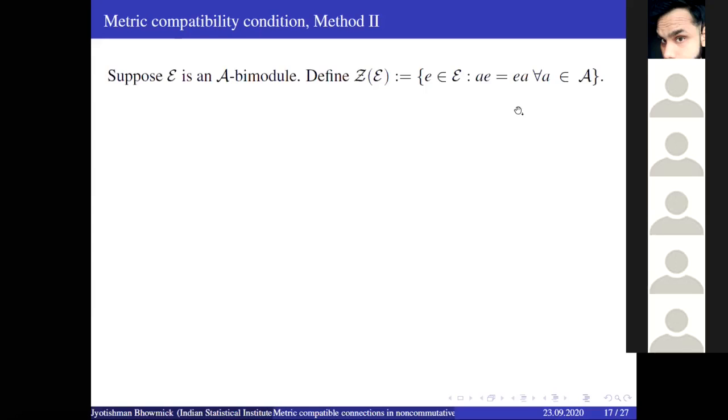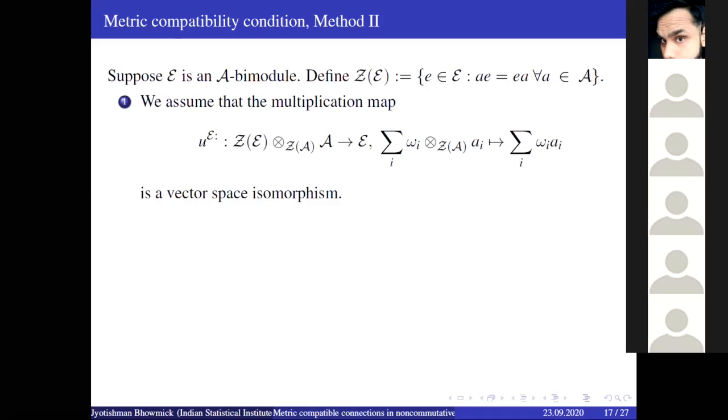So we will make an assumption on the differential calculus. Suppose E is a differential calculus such that this multiplication map is a vector space isomorphism.